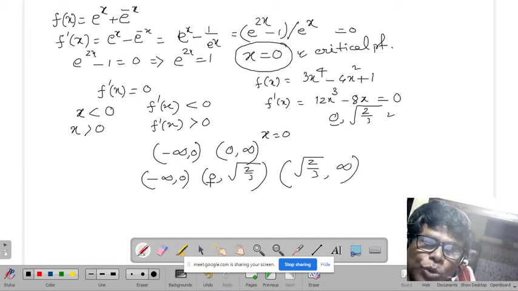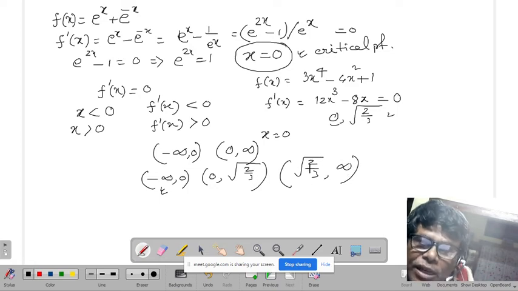Okay, so you have to check these three regions, where the function is increasing or decreasing. For this region you find out whether it is increasing or decreasing.